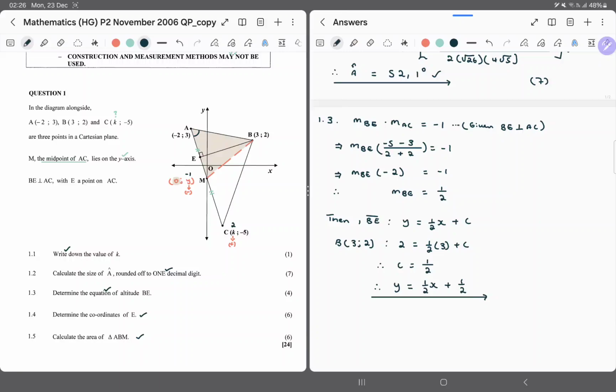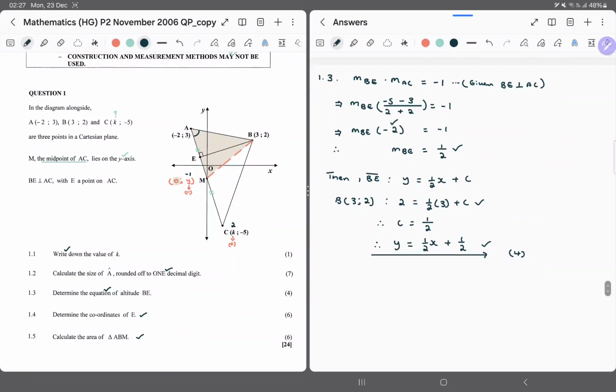Very easy, not a complicated calculation otherwise. So obviously we are scoring 4 marks. First of all, this gradient is important and that gradient is important. Substituting that point, key, in the final answer. So this is how we score those 4 marks and we move on.